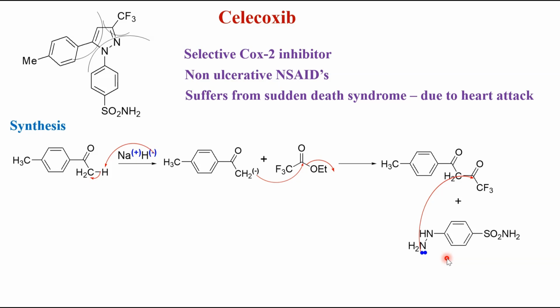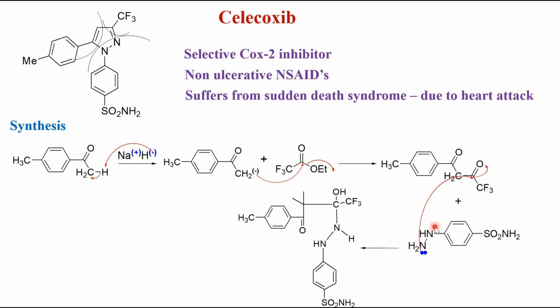Unlike poles attract each other, lone pair of electrons are donated to the carbonyl carbon, and it has to maintain its tetravalency, and hence the pi electrons move on to the oxygen and it gets converted into OH, and I'll get the bond between the carbon and the nitrogen.